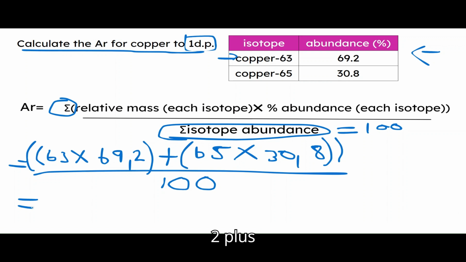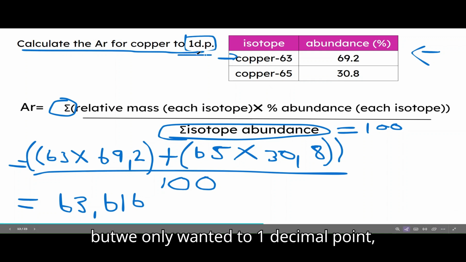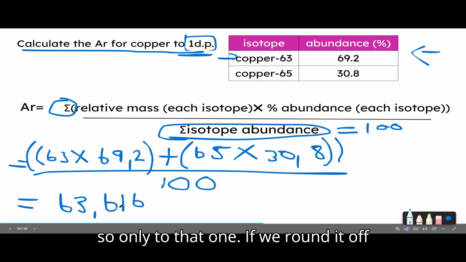You can put that into your calculator. 63 times 69.2 plus 65 times 30.8 divided by 100. That gives us 63.616, but we only want it to 1 decimal point, so only to that one.